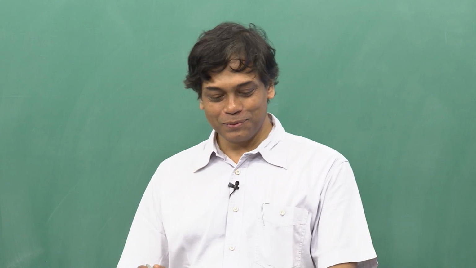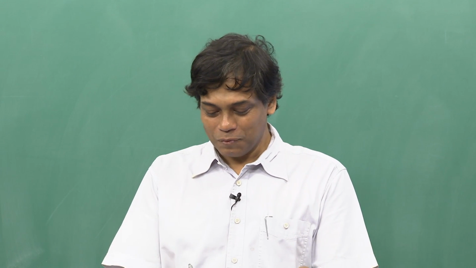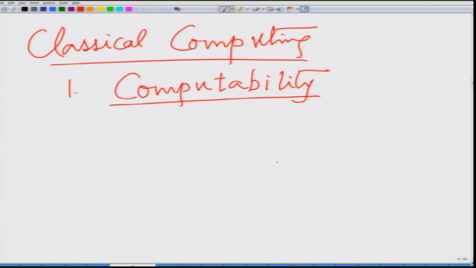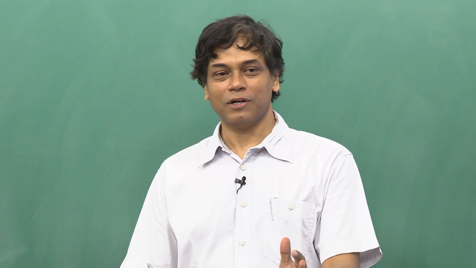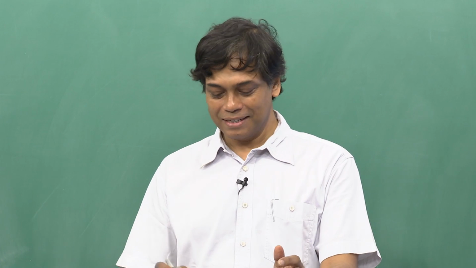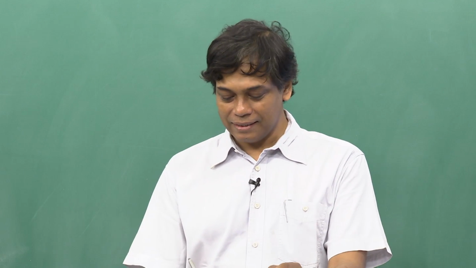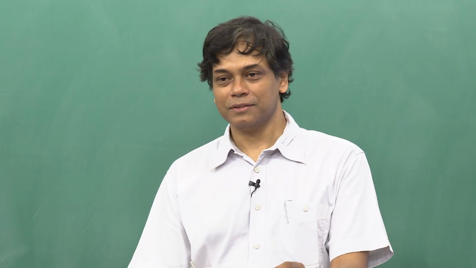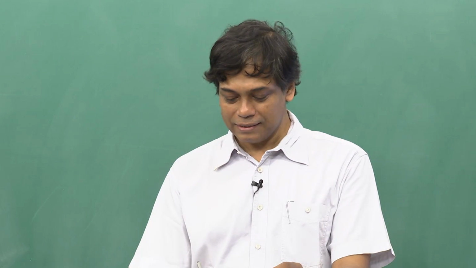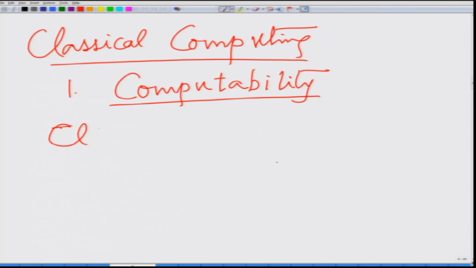I think what you should ask is, when we ask the question of computability, we should ask how we go about the question of what is computing, right? And in that regard, the first question which comes, which is very important, is that all of this has to deal with classical information.